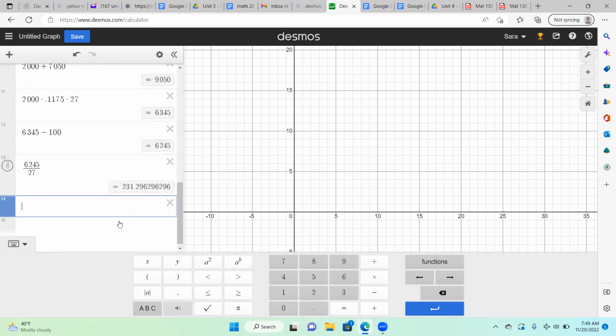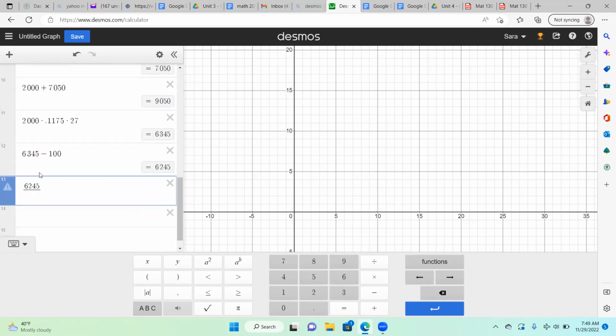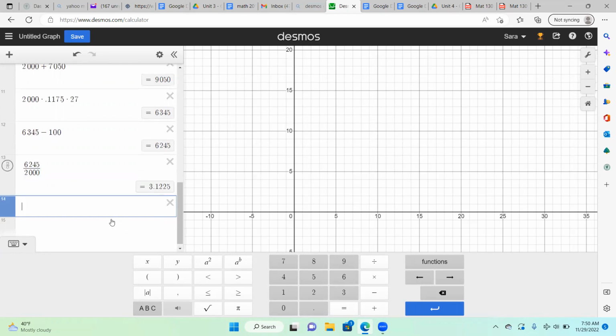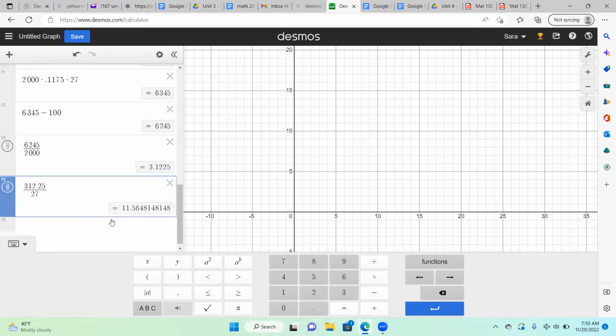So out of the 2,000, we earned 312% interest. So 312.25% interest divided by the 27 years. So we actually earned about 11.56% interest.